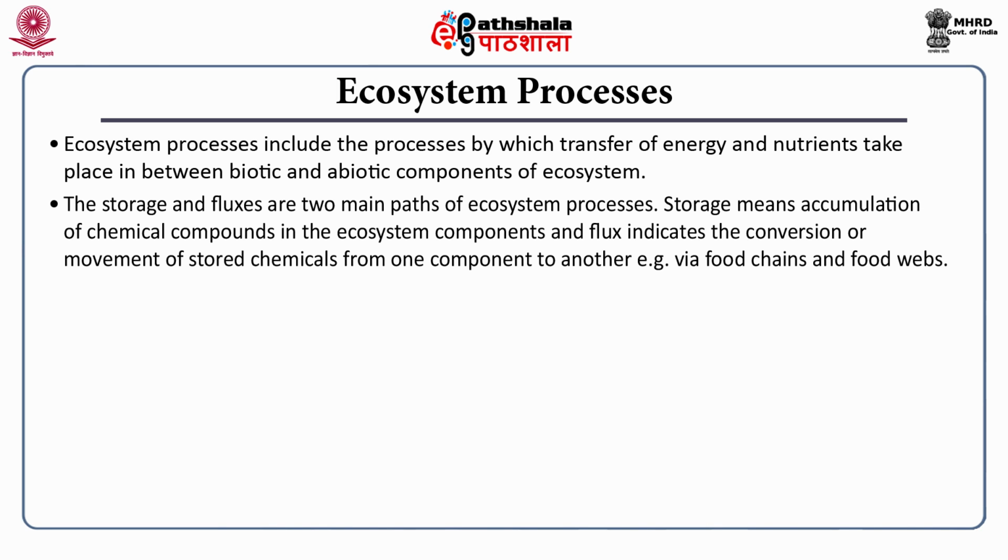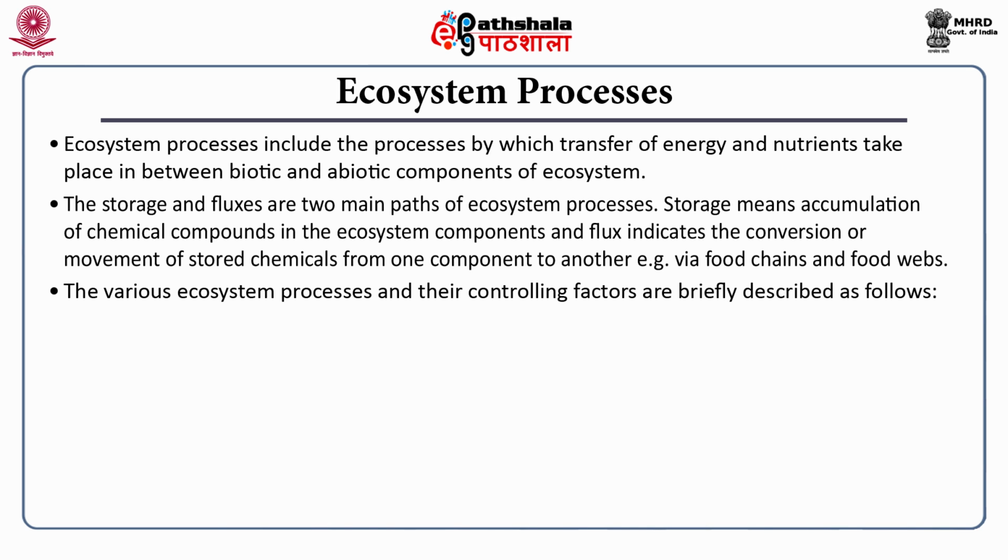Storage means accumulation of chemical compounds in the ecosystem components, and flux indicates the conversion or movement of stored chemicals from one component to another component, for example via food chains and food webs. The various ecosystem processes and their controlling factors we are going to discuss now one by one.